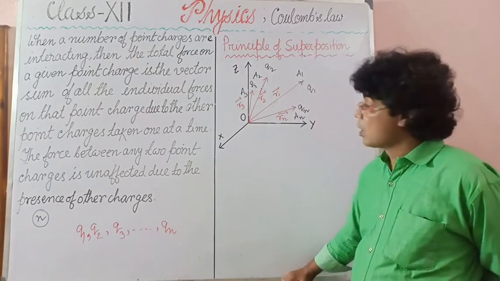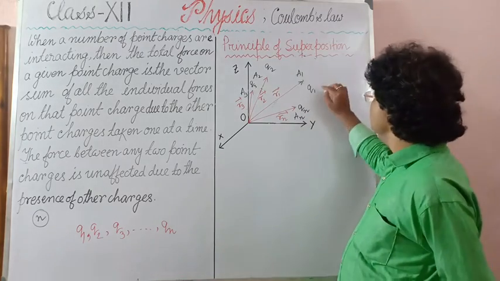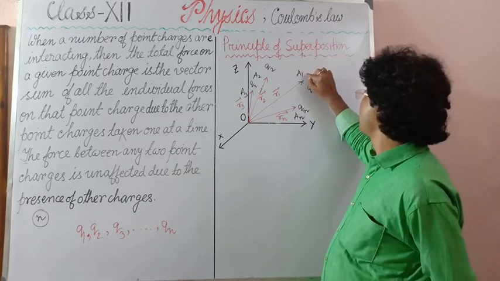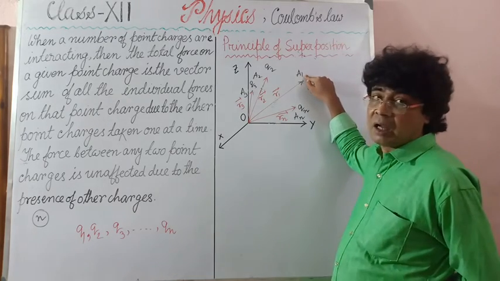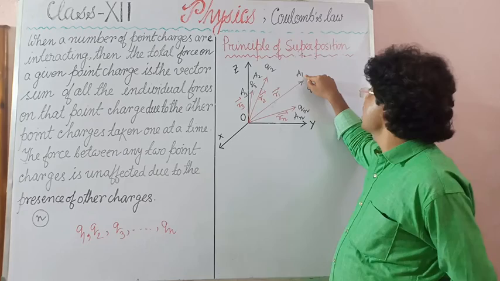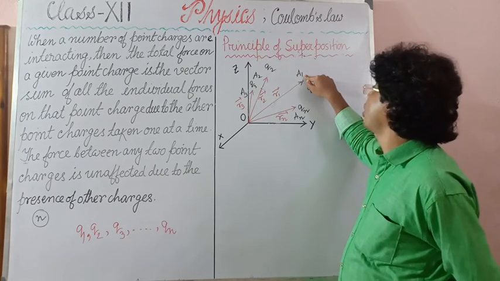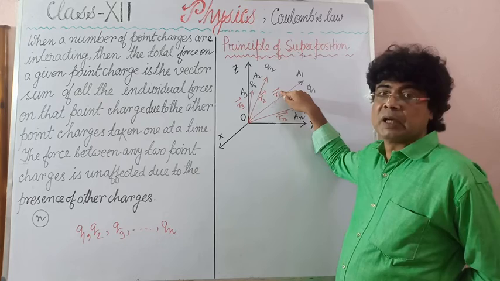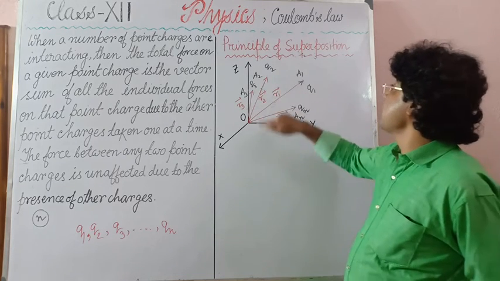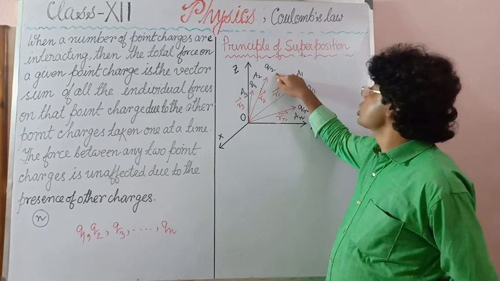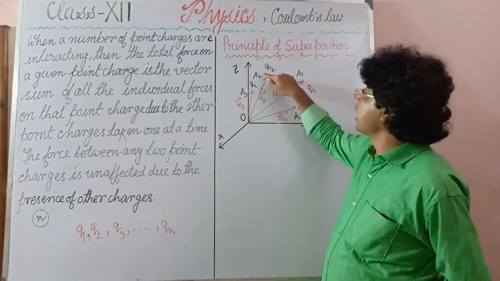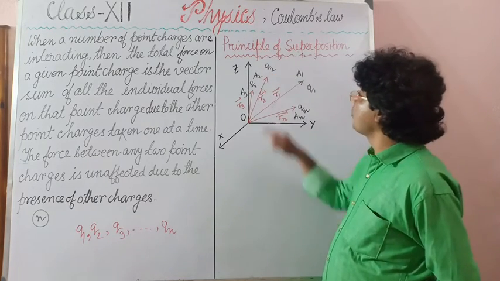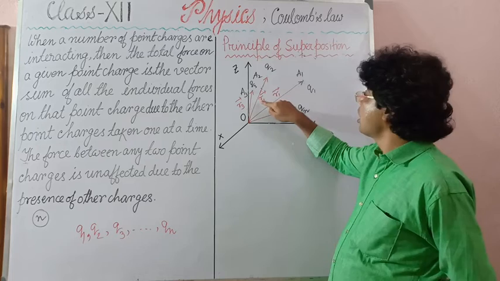Suppose the point charge Q1 is situated at point A1 and the position vector of point A1 is R1 vector, and point charge Q2 is situated at point A2 and the position vector of point A2 is R2 vector.